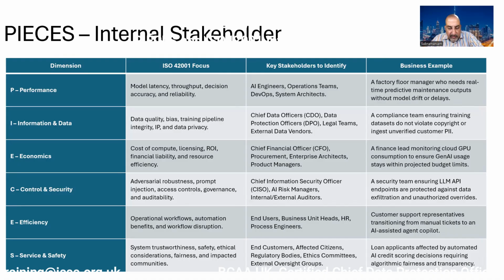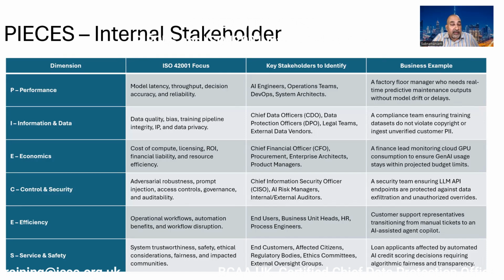And economics, obviously the financial officer: the cost of compute, total cost of ownership, and ROI, the cost per inference. All these things are a very important subject because Uber has come out of AI after they consumed a year of budget in 4 months. Similarly, control and security: adversarial robustness, the CISO and chief AI security officers.